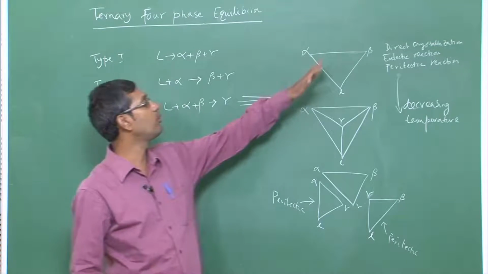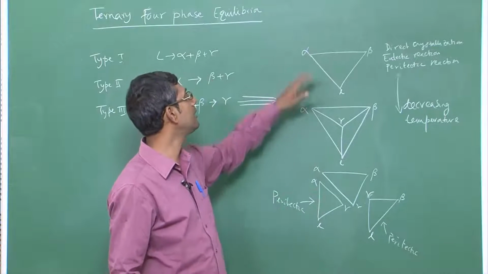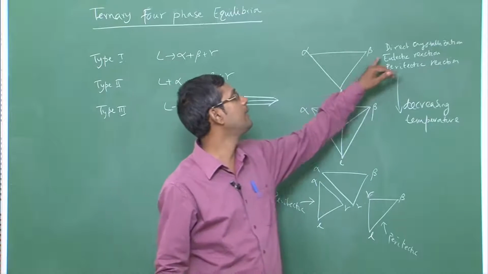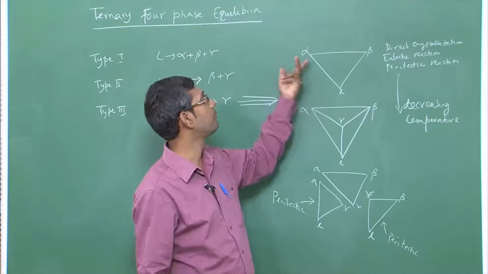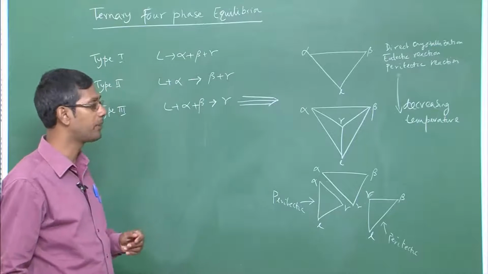That is the point. If I cool down this liquid directly from the high temperature, first thing that will happen is either crystallization of alpha or beta from the liquid, then a eutectic or a peritectic reaction which will lead to formation of 2 phases, alpha and beta, from the liquid.